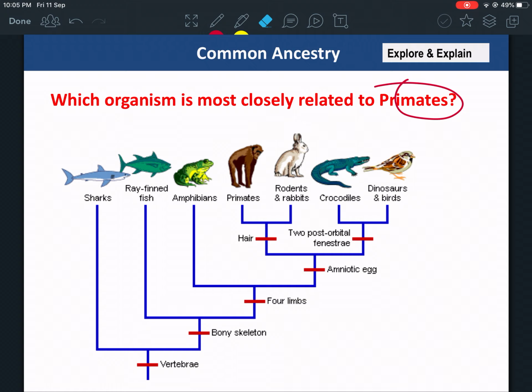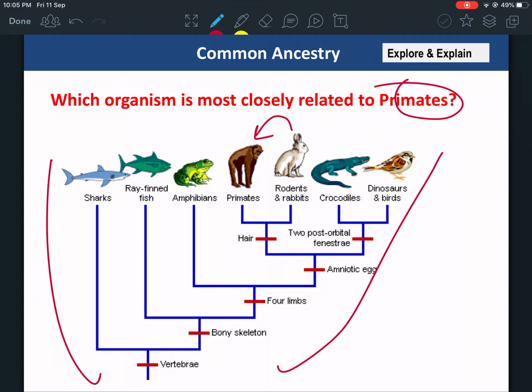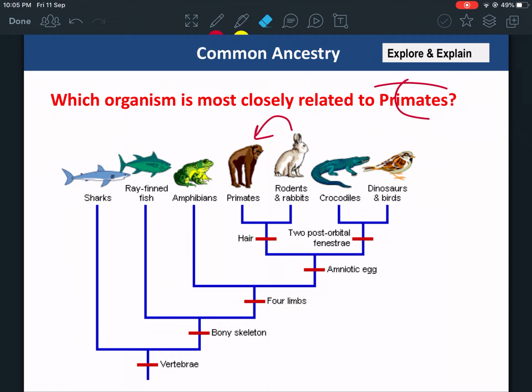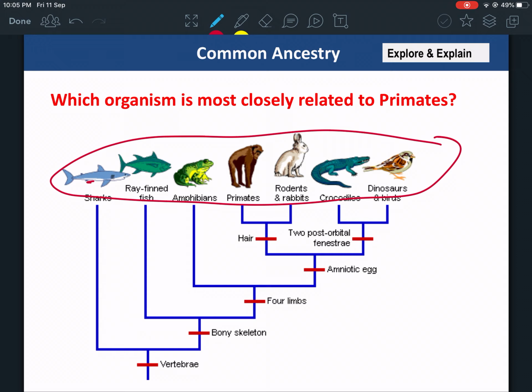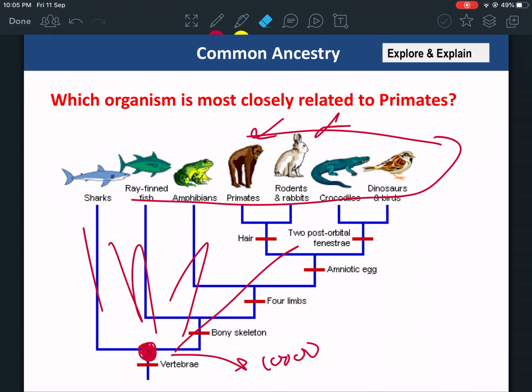According to this chart, scientists believe that all of these animals, like birds, sharks, monkeys and rabbits, are related to a species that was here millions of years ago and evolved into all these other species.